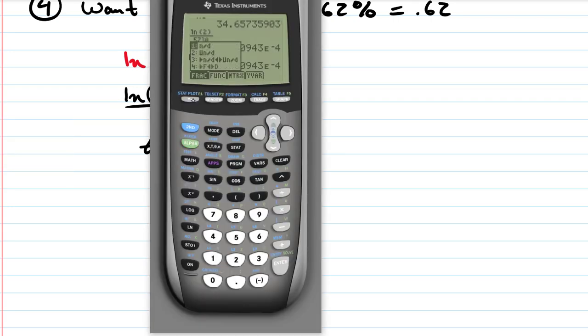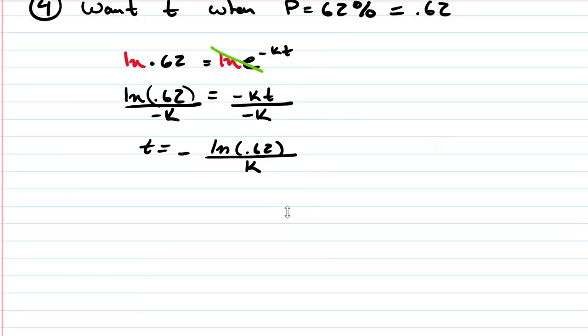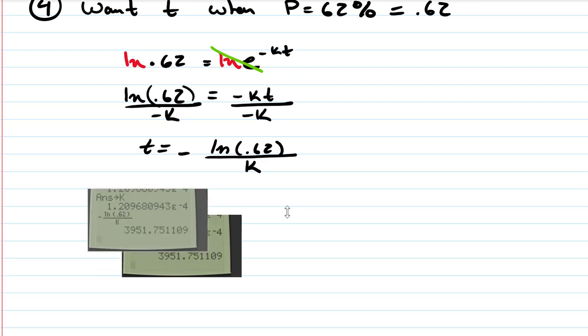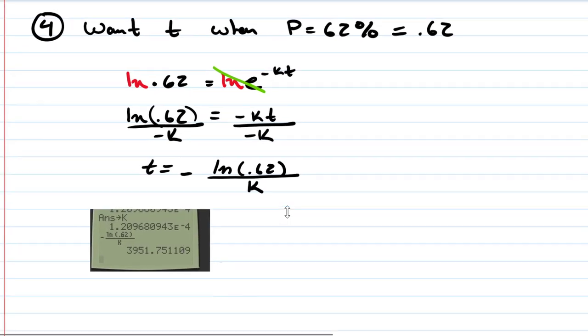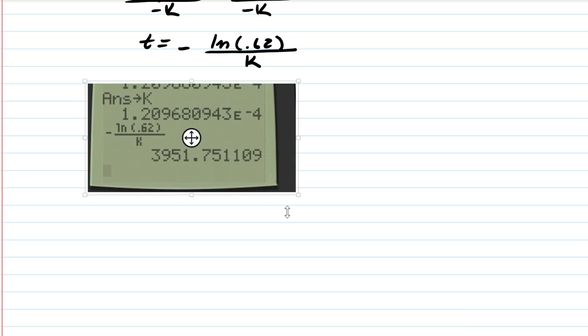So we put that into our calculator, so the negative, and we have the natural logarithm of 0.62 all over k, which we saved in our calculator. We press enter, and we get that the bone would be 3,951 years old. But let's go ahead and just round that to the nearest 10 years.